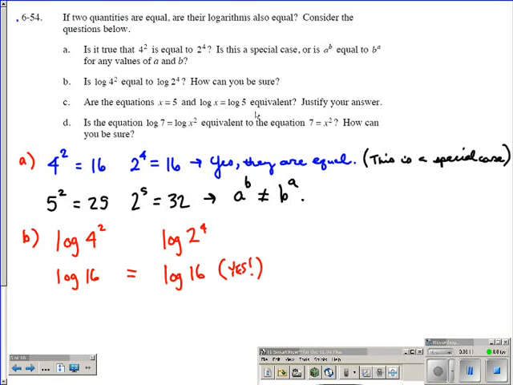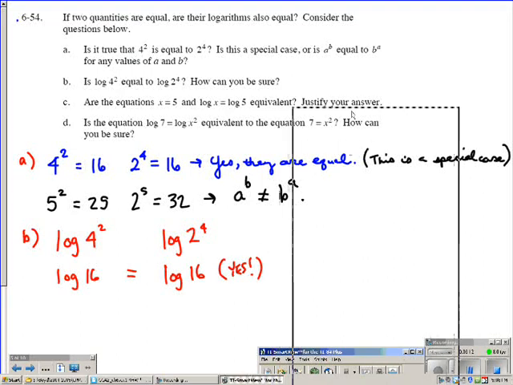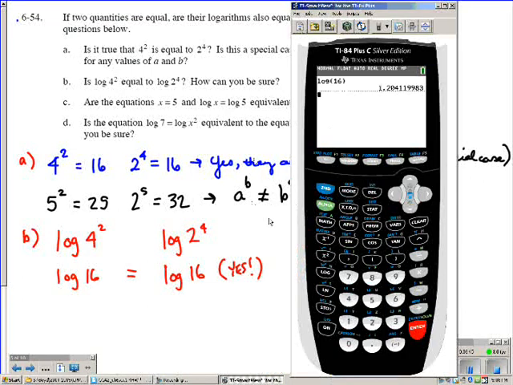Now the next part of it, how can we be sure? Well, you could do a variety of things. Let's type it into our calculator here. First of all, here's what the log of 16 equals, 1.204119983. Let's do the log of 4 squared. And remember, this is log base 10. Let's do 4 to the 2nd power.